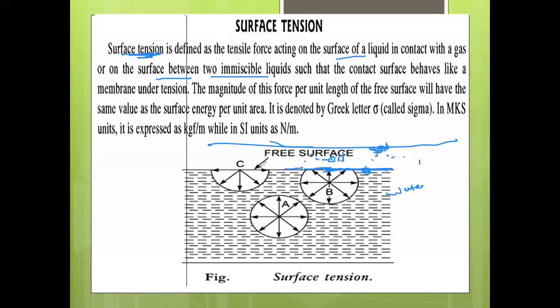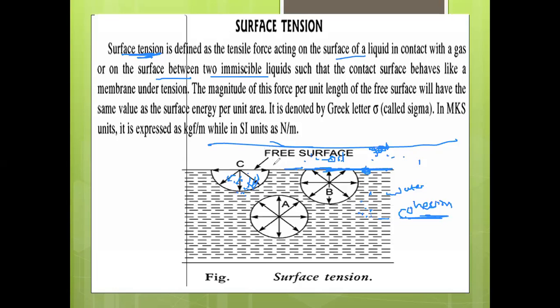Okay, why will this happen? This will happen because of the cohesive force, the force of cohesion between the fluid particles. Cohesive force means the force of attraction between two similar molecules. In the diagram, you can see the fluid particles getting attracted in downward direction. There is a pull.